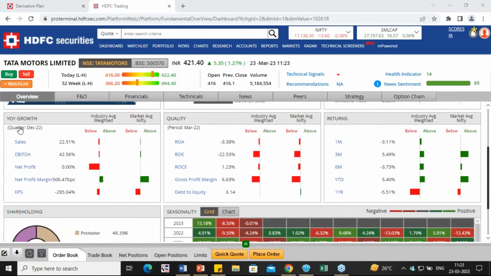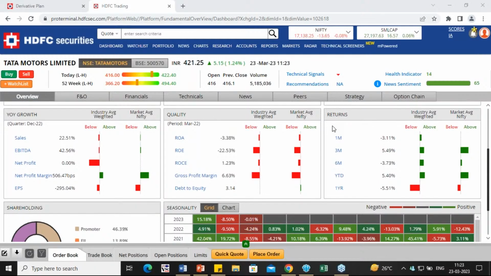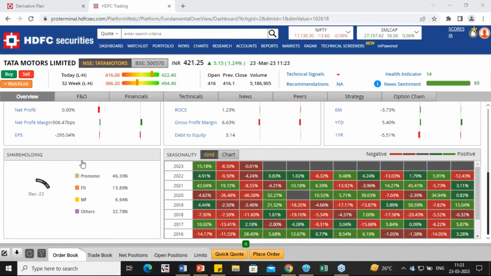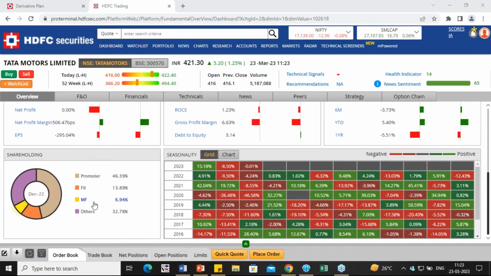Also year on year growth, YoY growth, right? Another is you can see the quality, returns, shareholdings, and seasonality chart. Shareholding pattern is very important. We can understand how much the promoter is holding in that particular stock and how much they are pledging. All are updating in real time.